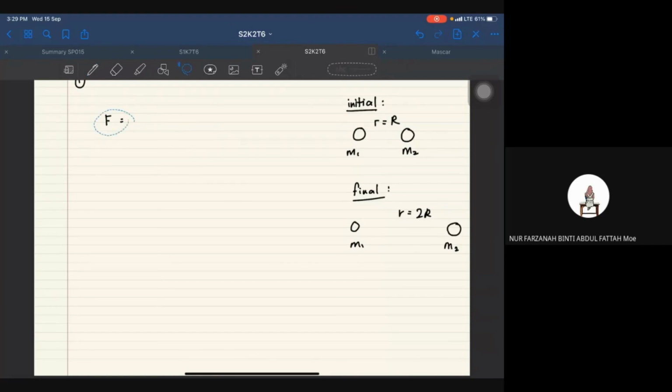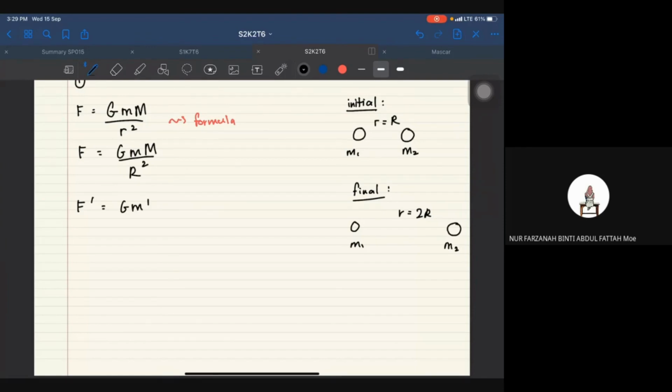Okay, so initially my force will be using this equation lah. So semua force equation kita pakai G M kecil M besar over R square kan. So kalau initial, maybe I put F je lah. Jadi G M besar over R square. Okay, this is the formula saya tulis. Yang bawah tu saya dah substitute lah. Beza dia yang R kecil R besar je, saya masukkan nilai R je. Yang F baru, so I put the prime there.